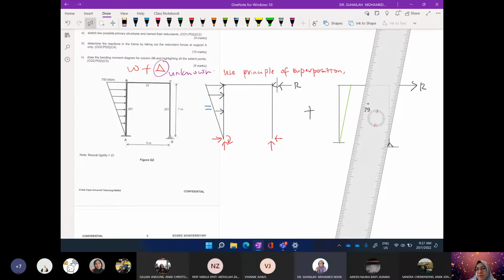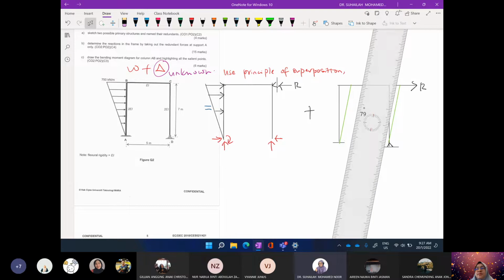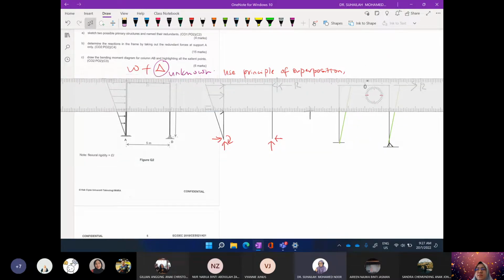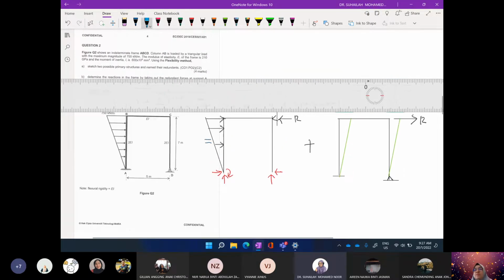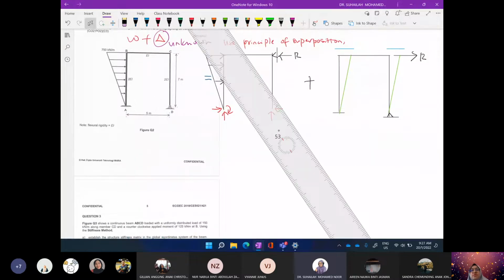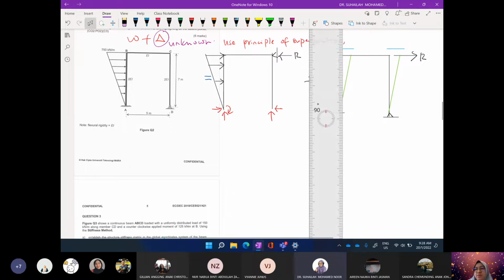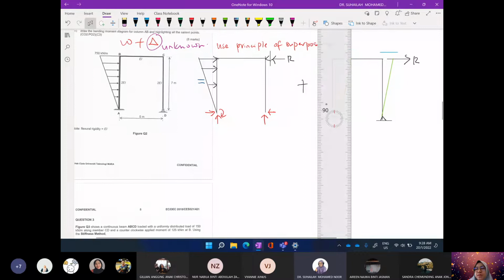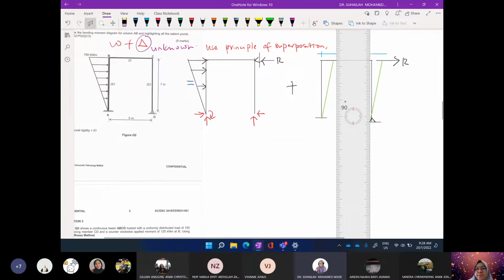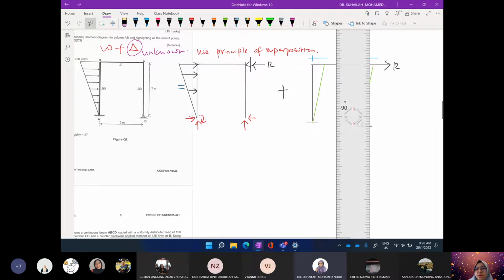We have the delta. And for the frame, the delta is horizontal, because side sway refers to horizontal movement. And the delta will appear at D and at C. And we assume that the delta at D and at C are equal.